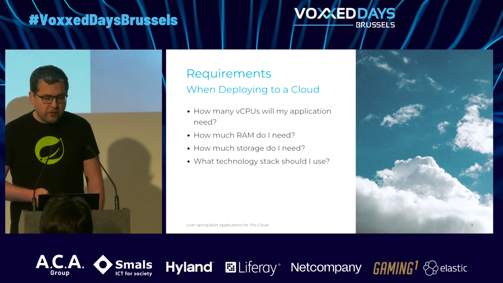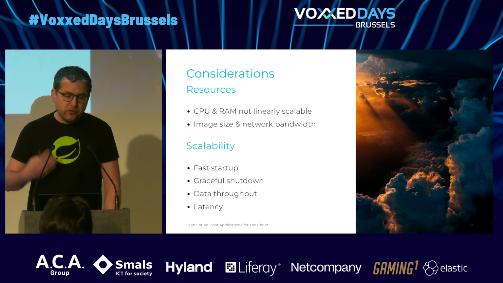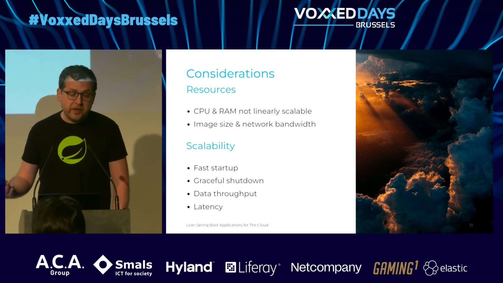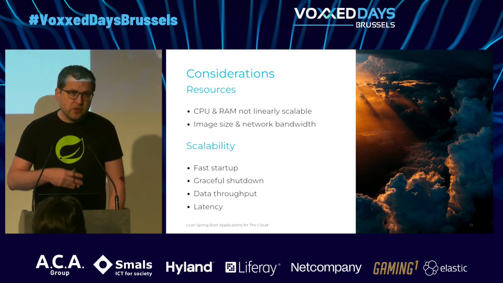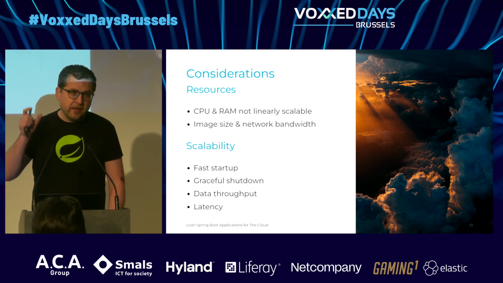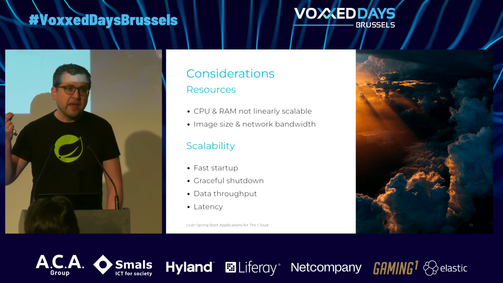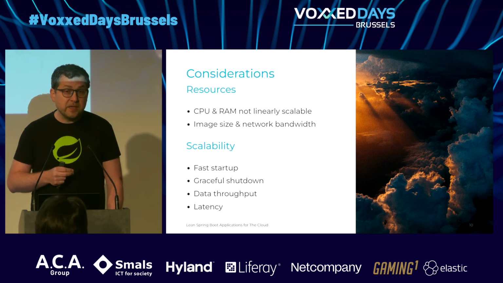If you think about moving to the cloud, you also have to take some resource considerations into account. For example, certain cloud providers bind the CPUs and the RAM together. That means if your application needs a bit more RAM, it might cost you more because you may need to pay for additional CPUs.